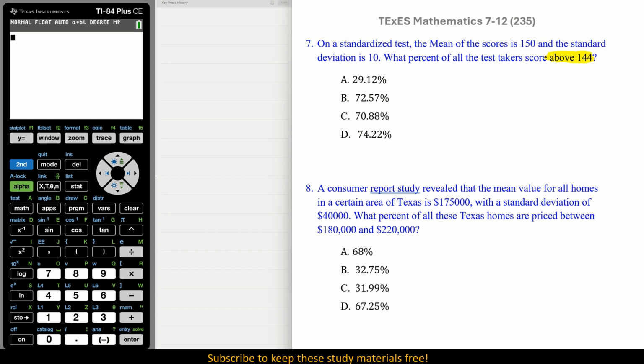Okay, so what do we need? We need to say that we want above. So this will be our low, 144.5. This is how we get above to the next whole number.